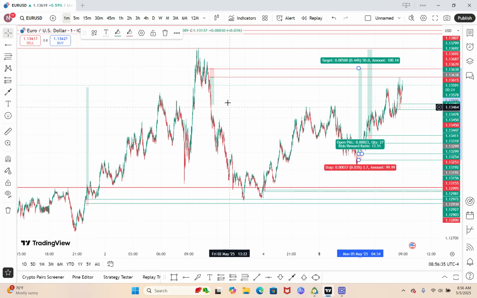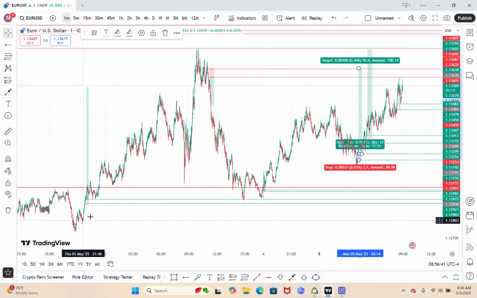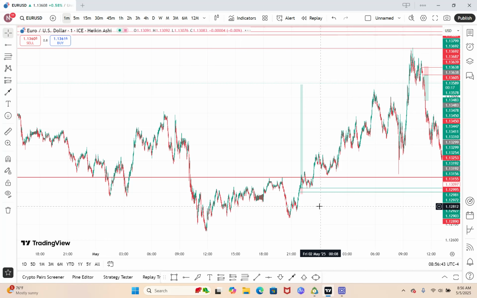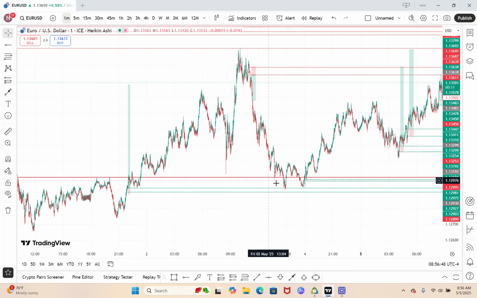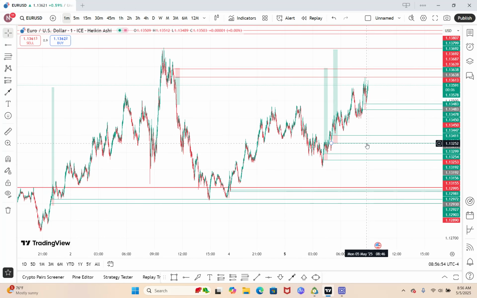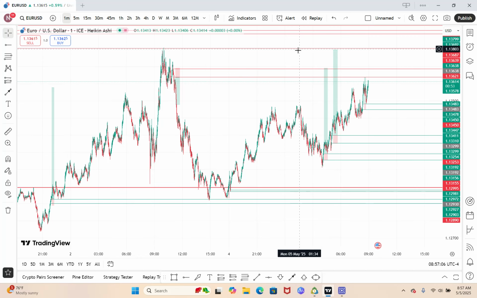Right, so buyers was able to take the market all the way up to this era. Right, from this era all the way up to this era, sellers take the market down to this era. So it's always a war between buyers and sellers, challenging era to era to era. So banks are gonna want to take the price back up to this era if they still have orders in this era.